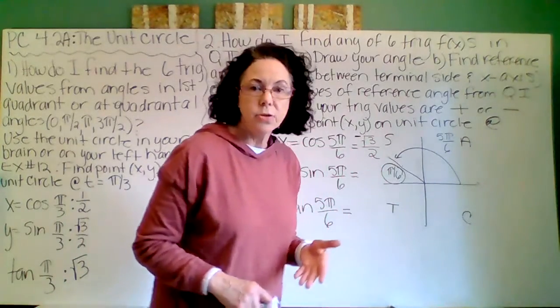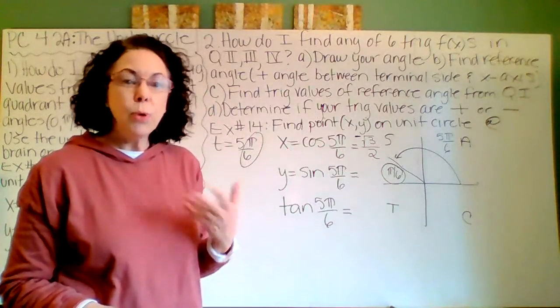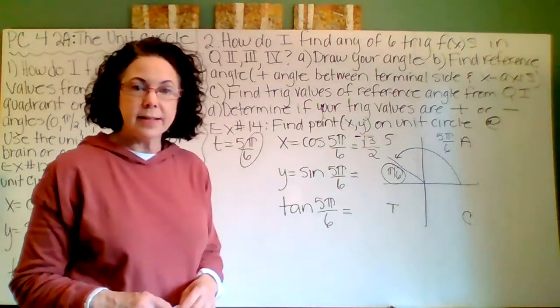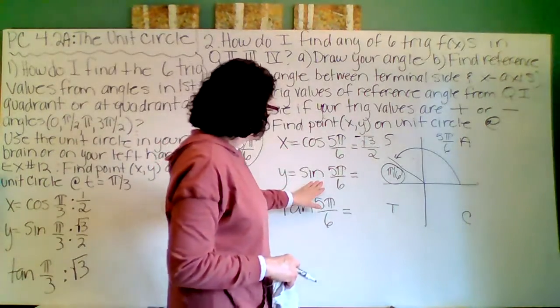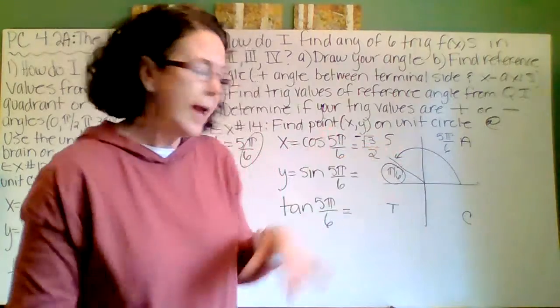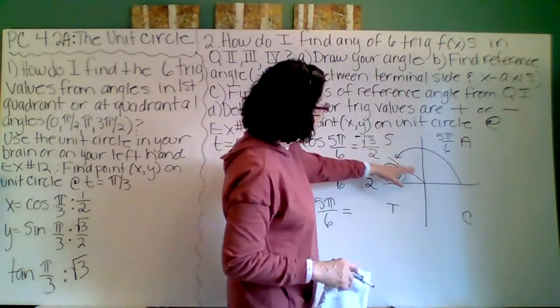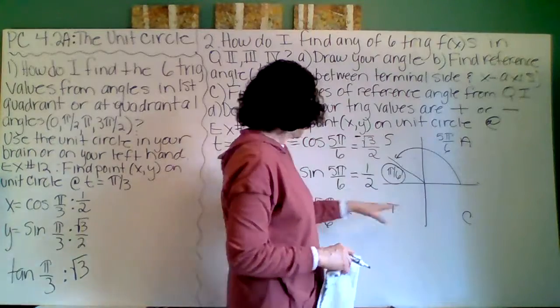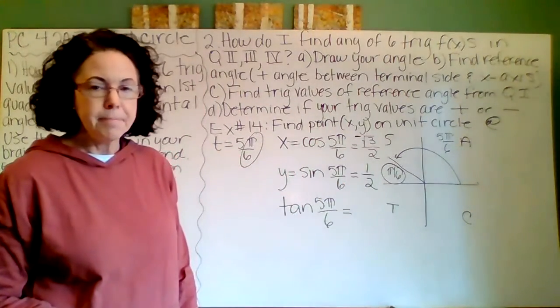But we know x's are cosine and sine is y. And so we know what quadrant we're in and if x's and y's are positive or negative. Sine of 5 pi over 6, I'm first going to do sine of pi over 6. That would be 1/2. I am actually in the second quadrant and my y's are positive. So is my sine of 5 pi over 6.